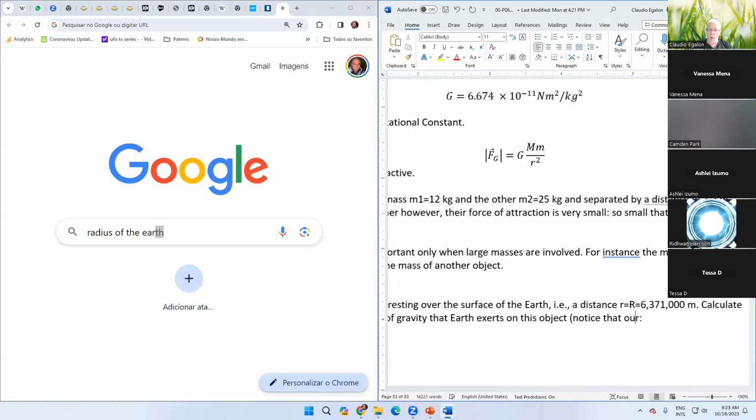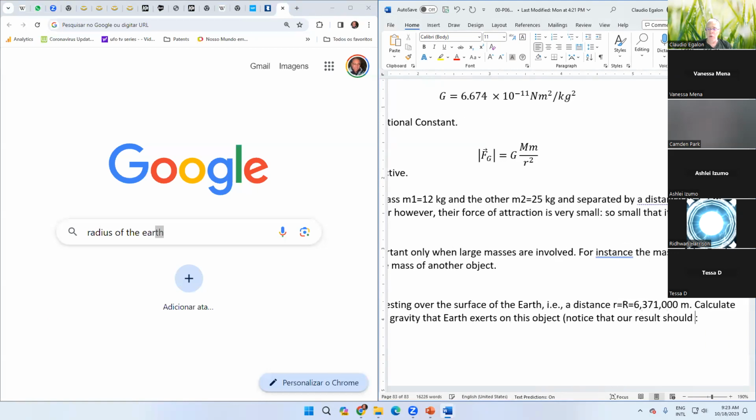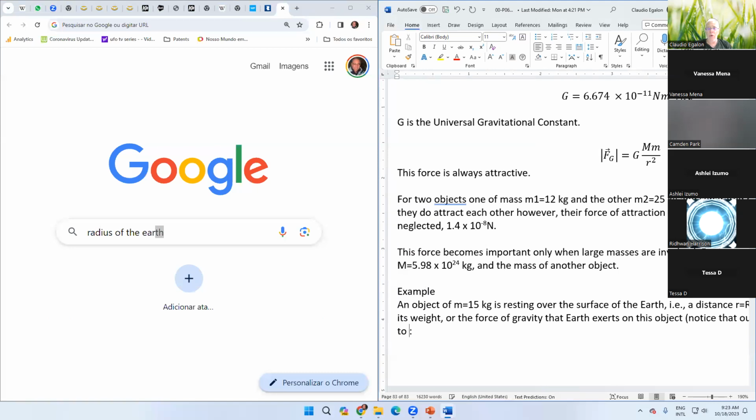Note that our result should be close to 150 newtons, which is 15 kilograms times G, 10 meters per second squared. Let's see if you get that. And then a solution.